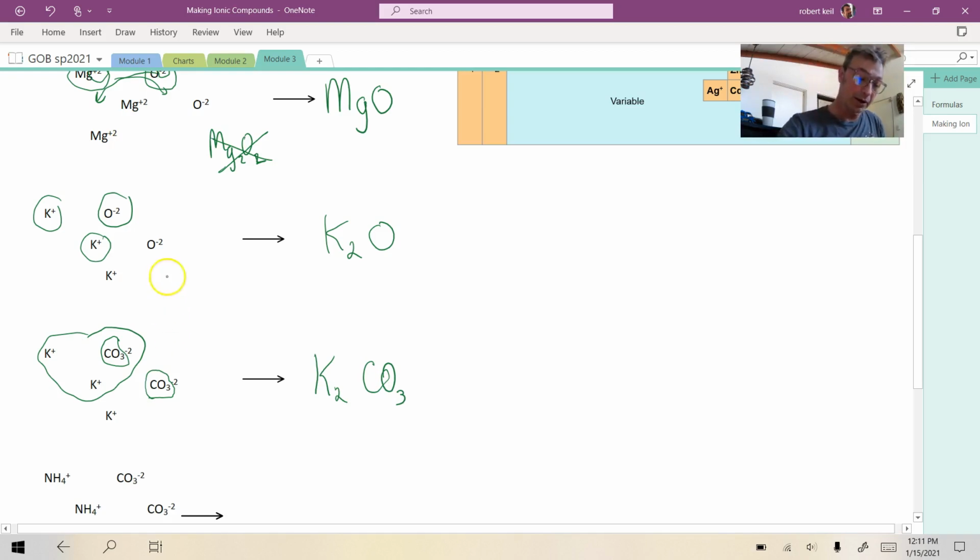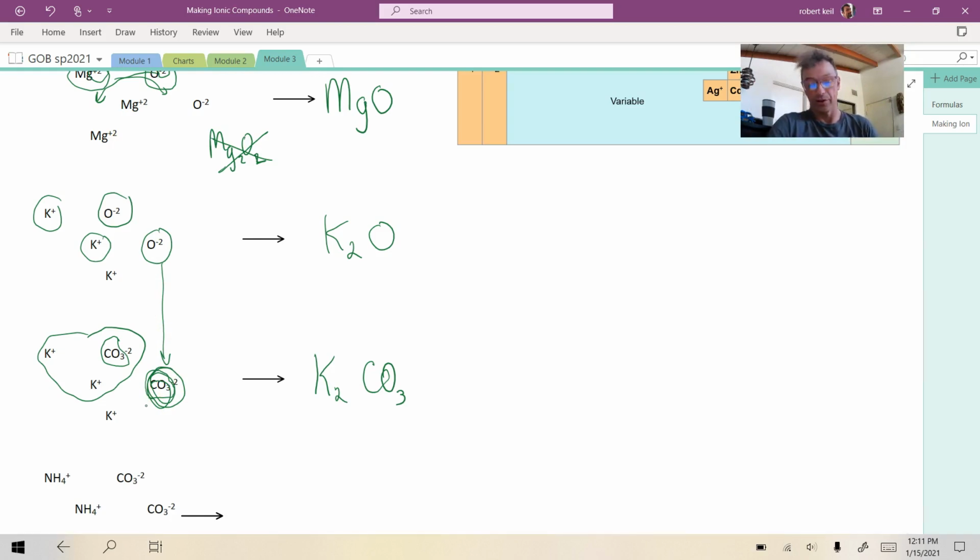And so when you think about it, the O2 minus and the CO3 2 minus are really exactly the same thing. It's just that we replaced one atom with CO3. For now, you don't have to know why those charges are the way they are. I'm just saying if I gave you those charges, hopefully you'd be able to figure it out.